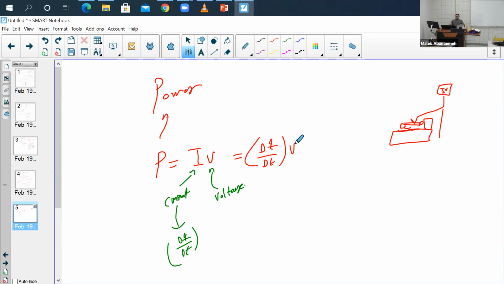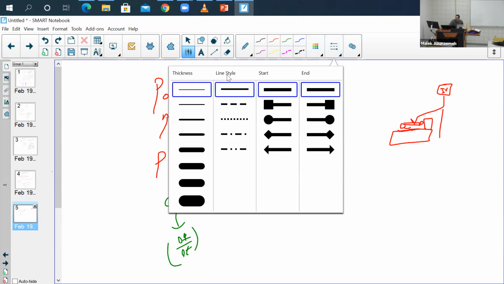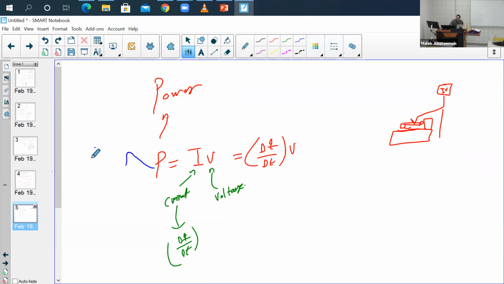The definition of power by itself is what? Power is energy over time, right?